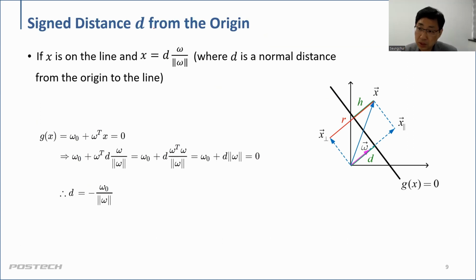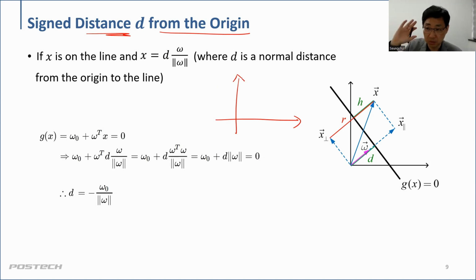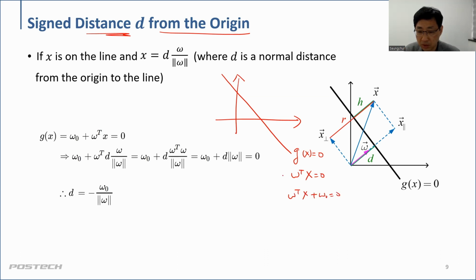I want to compute the distance from the origin, again in 2D space. We can extend it to higher dimensions, but for simplicity I will do the calculations in 2D space. Suppose we have this line, which is omega transpose x equals zero, or omega transpose x plus omega naught equals zero.